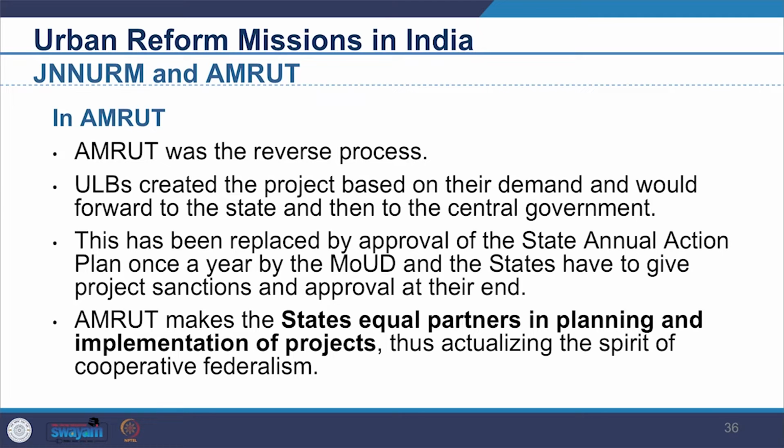So, we see that the earlier pattern was replaced by approval of the state annual action plan once a year by the ministry, and the states have to give project sanctions and approval at their end, so that it transferred the burden of creating the project, executing the project or designing the project from the central to the state government and to the urban local bodies.